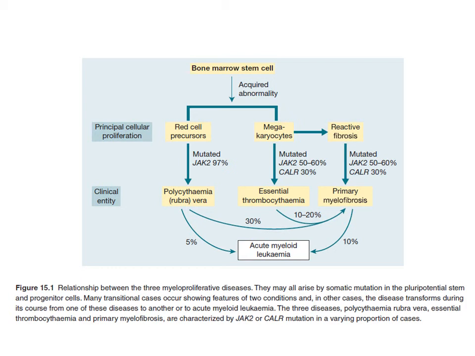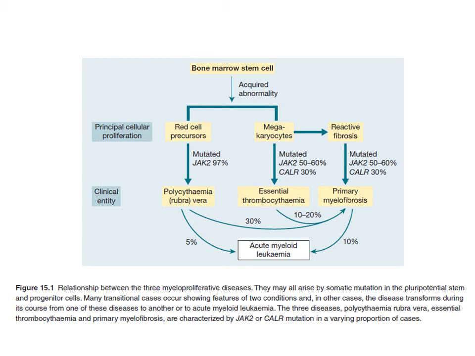Sometimes this mutation can result in a reactive fibrosis in the bone marrow. This will result in idiopathic myelofibrosis, right side. Again, we can see in 50 to 60% of the cases there is JAK2 mutation, and in the remaining 30% of the cases we can see CALR mutation.